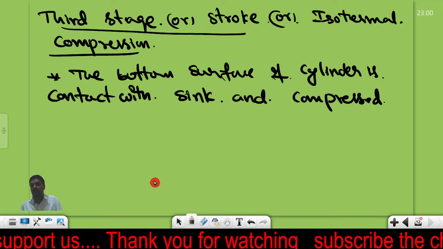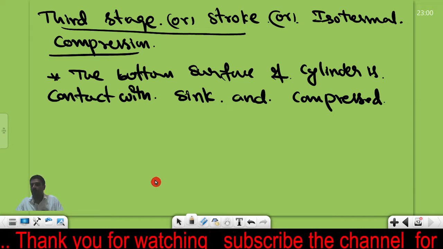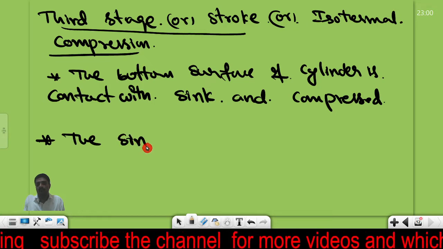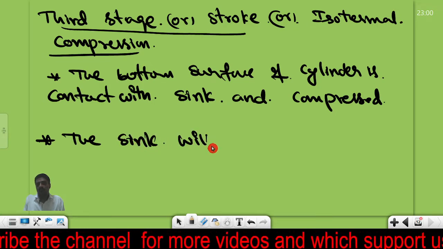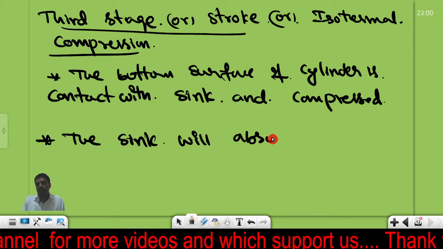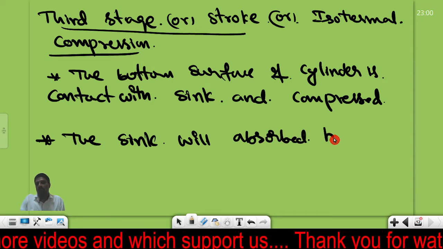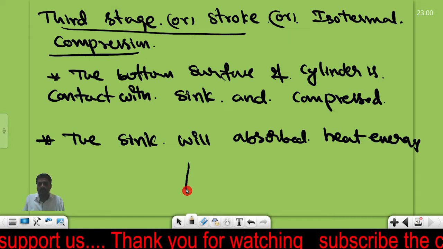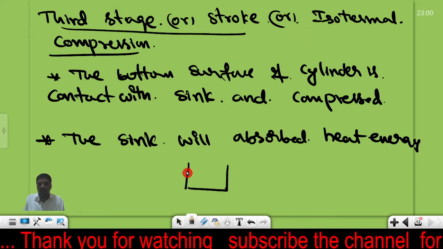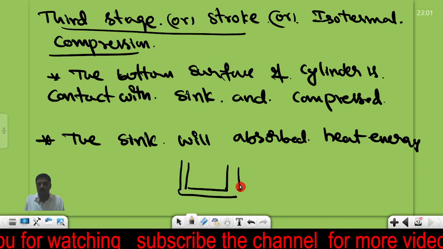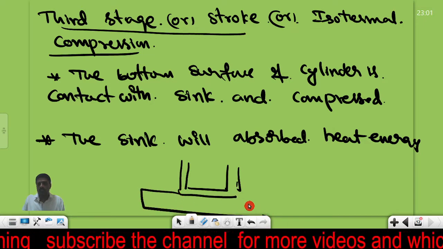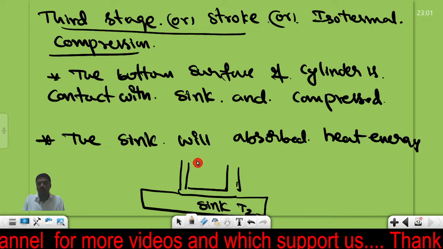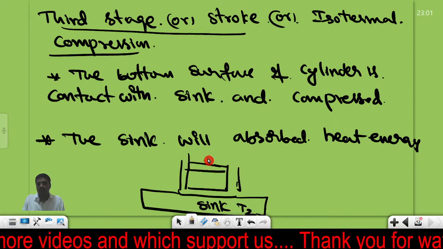To maintain the same temperature, the sink is ready to absorb the heat energy. That means we keep our cylinder on the part of the sink. The sink is at a lower temperature of T2. Now we are compressing this piston.